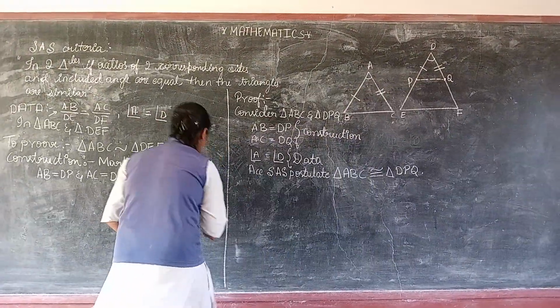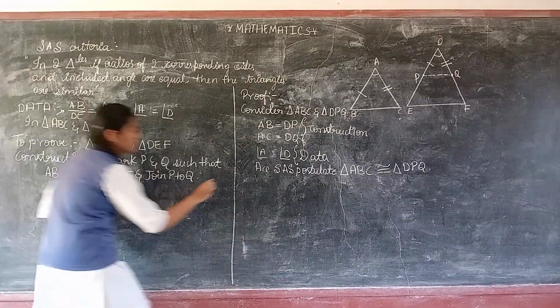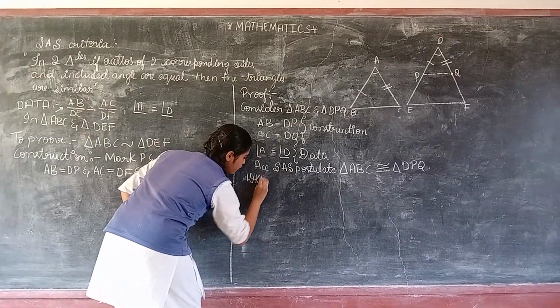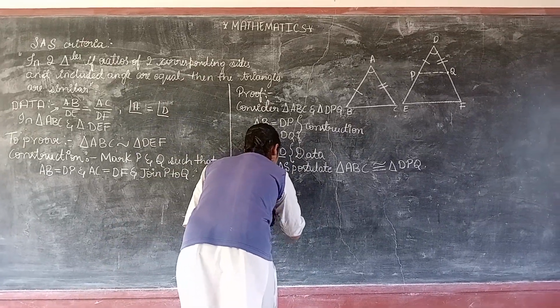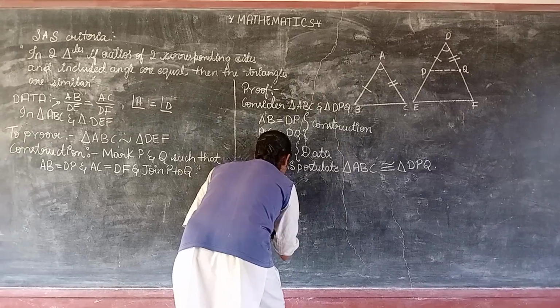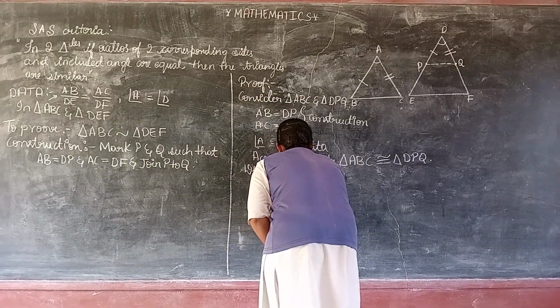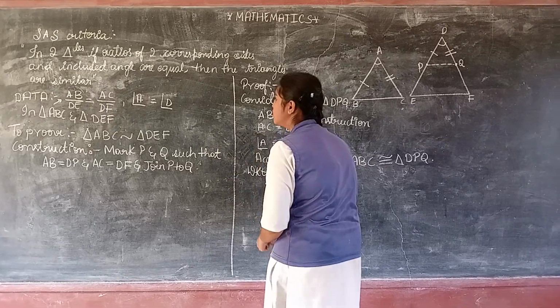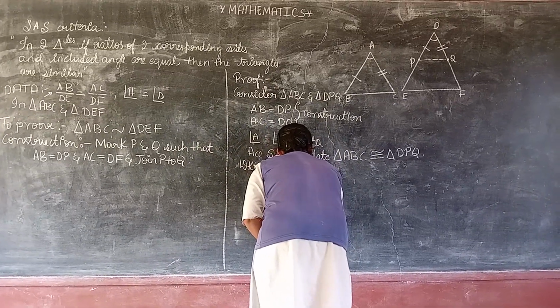The next step is we have to move to the data. Half of the data we have to write. We know that AB is equal to DE, and AB by DE is equal to AC by DF.